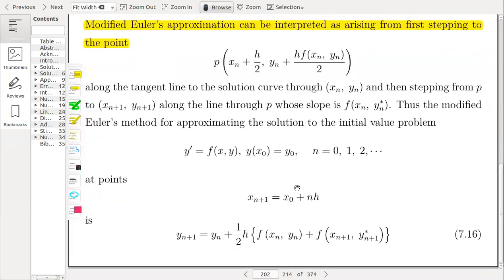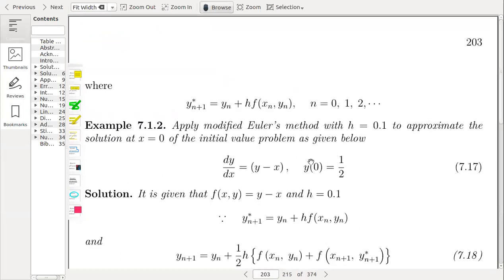So it can be written as yn plus 1 is equal to yn plus 1 by 2 h times f of xn yn plus f of xn plus 1 yn plus 1 star, where this yn plus 1 star can be written as yn plus h f of xn yn for n is equal to 0, 1, 2. So this is the Euler's formula.